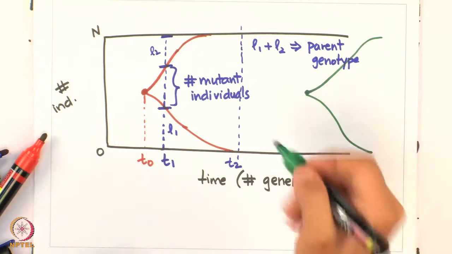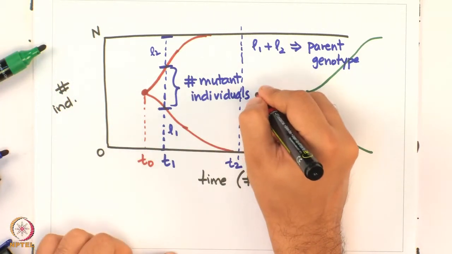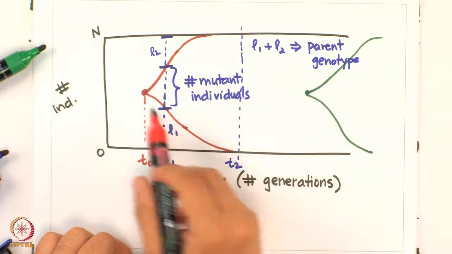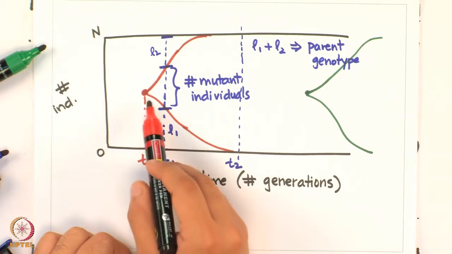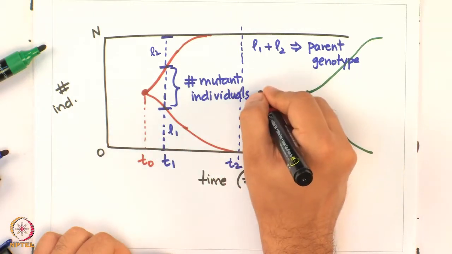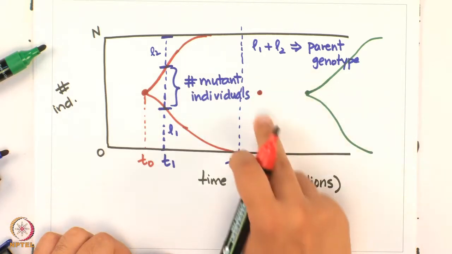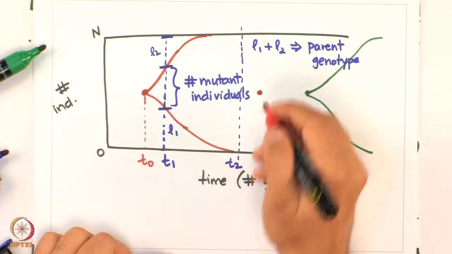Those mutations are represented like this in this representation. So, at this particular time point, this mutation has become fixed and now another mutation arises in one of the individuals. So, this marks the point where that mutation occurred.